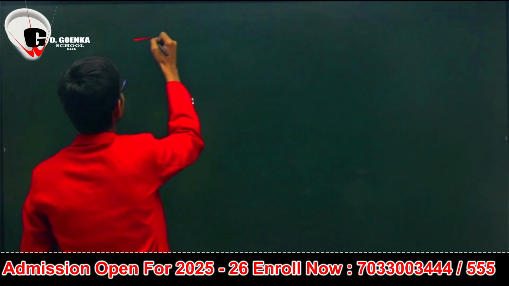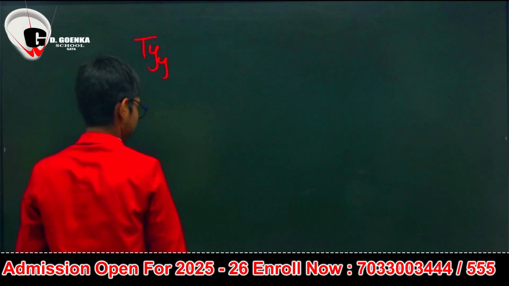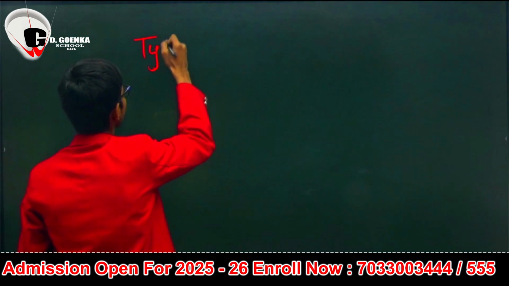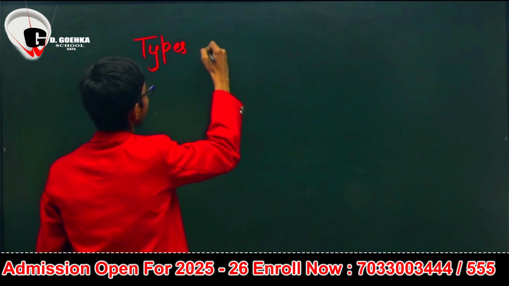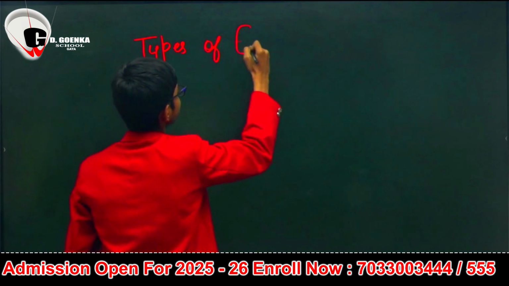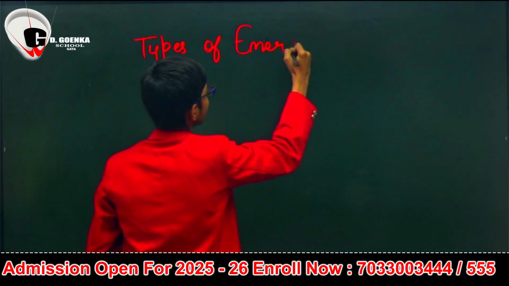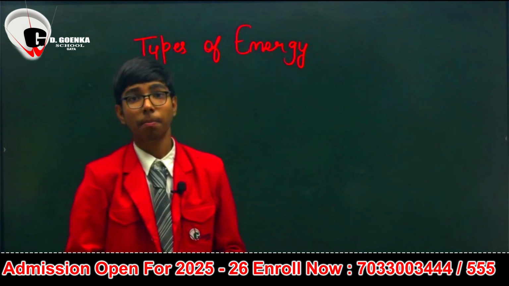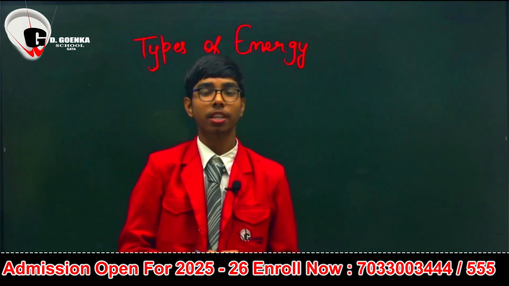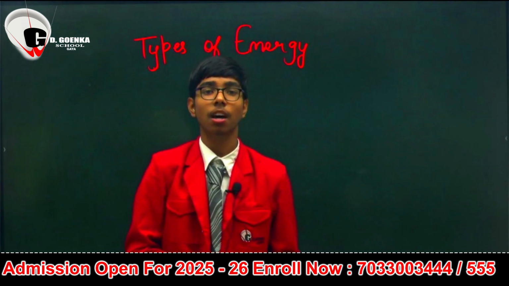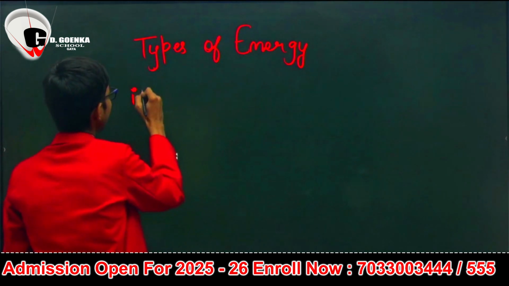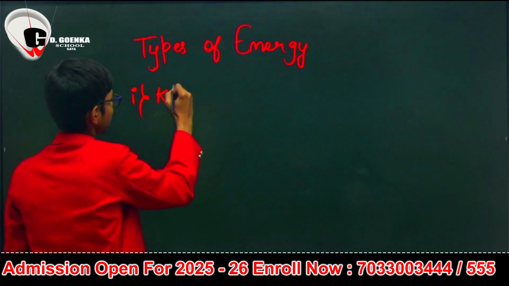Generally there are many types of energy, but in grade 9 we have to study just 3. So today I'm going to discuss the kinetic energy. Mainly there are 3 types of energy.